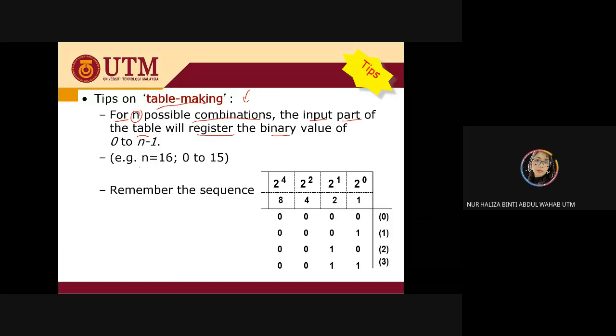You have 16, equal to 0 to 15. If you have 3 inputs, this one is 4 inputs. If you have 3 inputs, then you will have 0 until 7. So this is the normal sequence that I always show you.